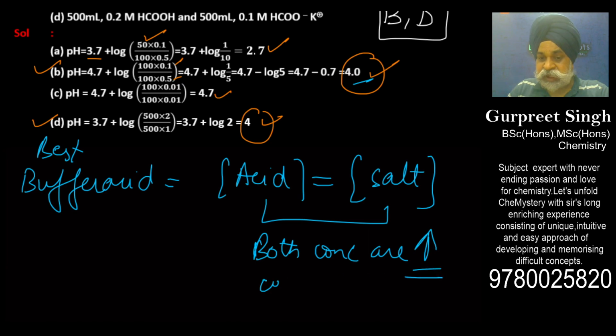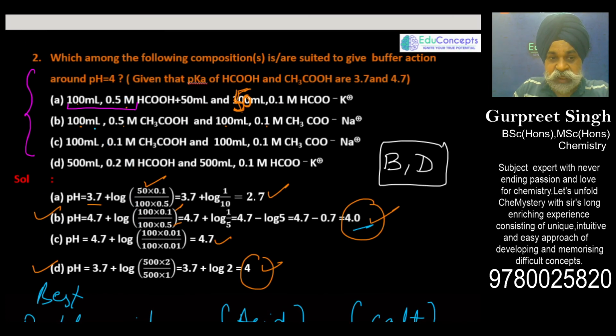When the concentration is high and equal, it generally would show best buffer action. But here in the B option, how many moles do you have? This is having 50 millimoles of acetic acid and 10 millimoles of sodium acetate.